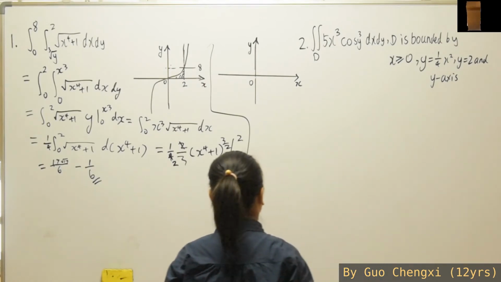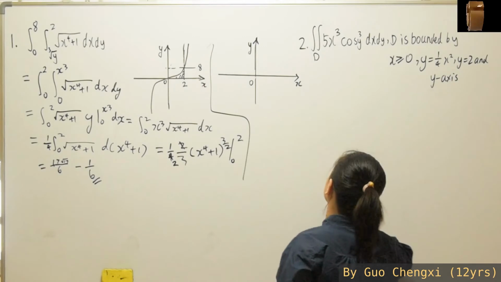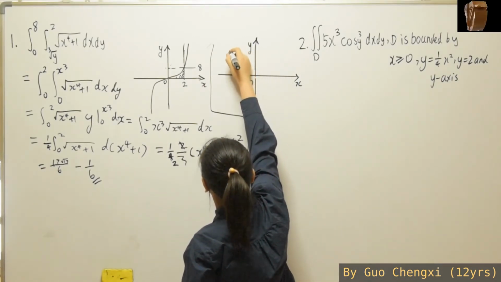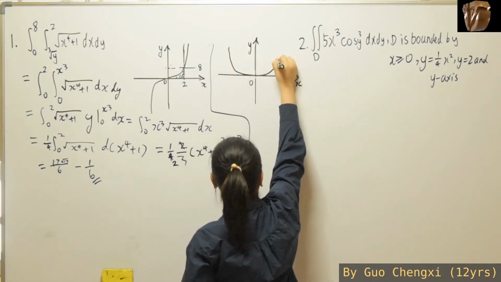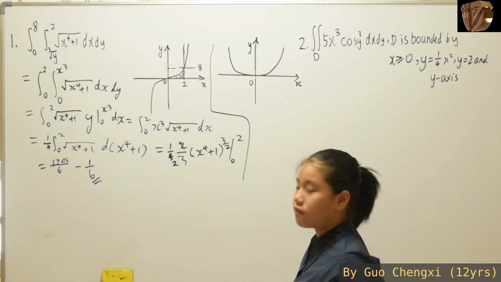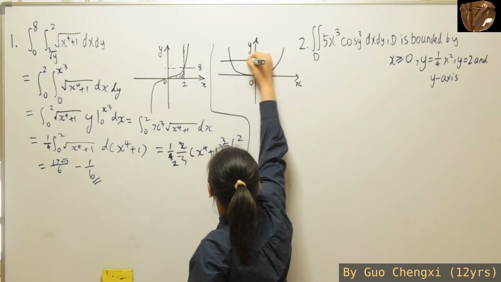So y equals 1 over 4 x squared looks like this, so the 1 over 4 will just end up making it wider. Then after that we'll have our y equals 2 over here.